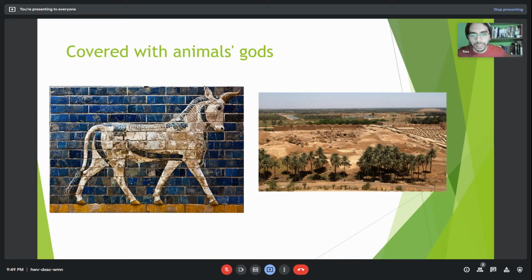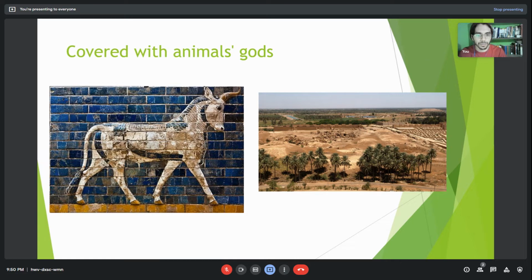Okay, the second point is that the Ishtar Gate is covered with animals. It has the bull, as you can see here. It has dragons. These are very powerful animals in themselves, but they are not just animals because of that. Here they are representative of divinities. For example, the bull represents Adad, who was the god of the weather.